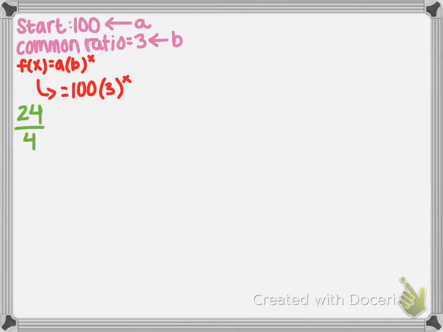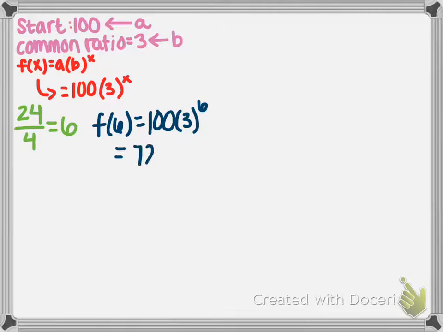So we're going to divide that by 4, and we get 6 for our x. So here, when we substitute 6 in for our x, we get f of 6 equals 100 times 3 to the 6th power. And that equals 72,900 flies.